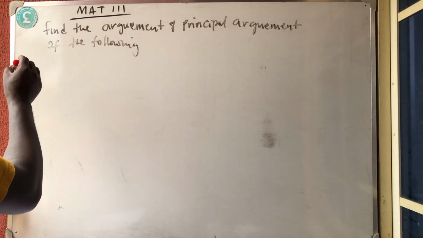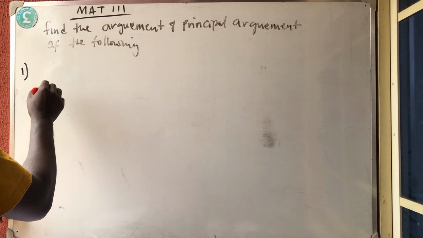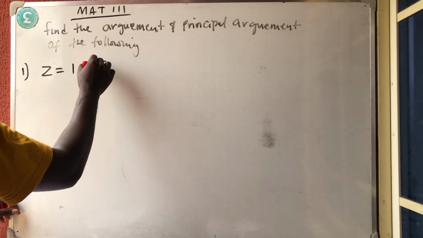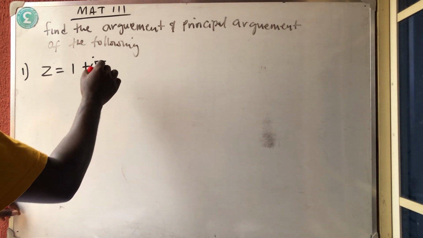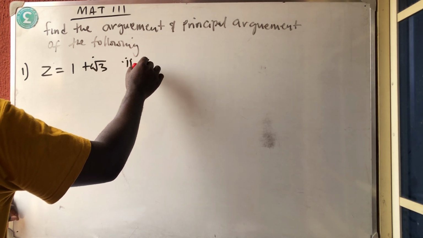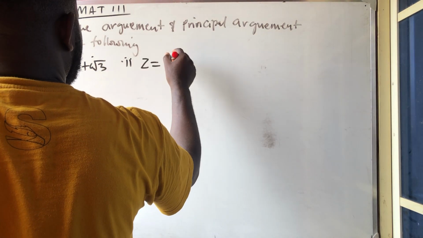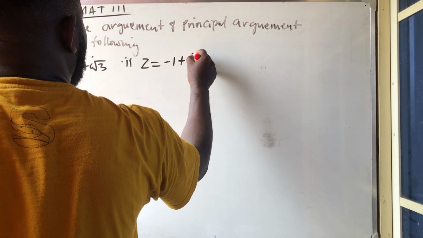Okay, I'm going to use just one simple question. Number one: z is equal to 1 plus i root 3. Number two: z is equal to minus 1 plus i root 3.